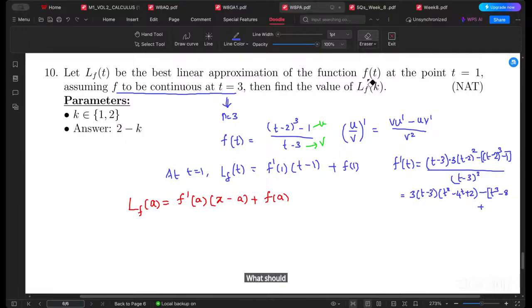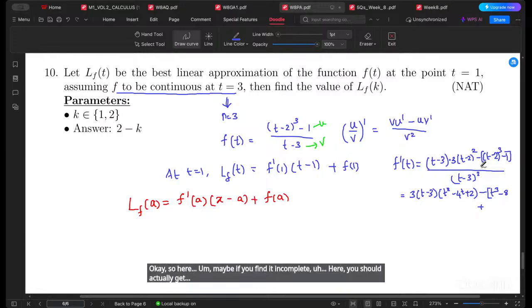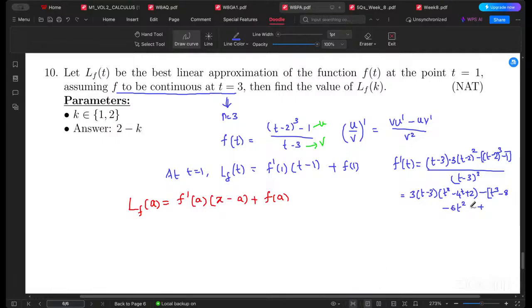What should be the final answer? Ma'am, plus 60 minus 12. Okay, so here, if you find it incomplete, you should get minus 3a square b. So you should get minus 6t square, and then plus.